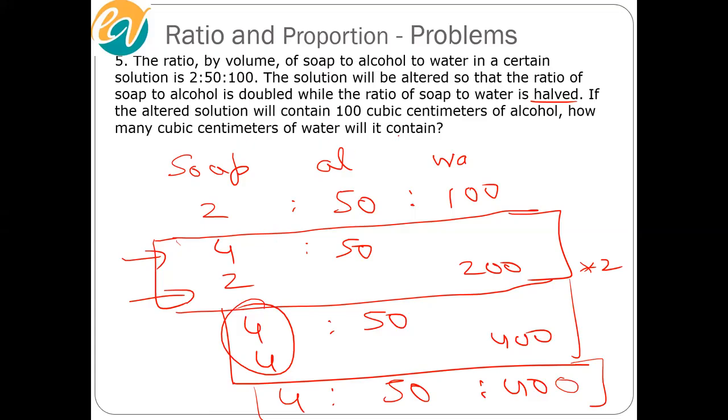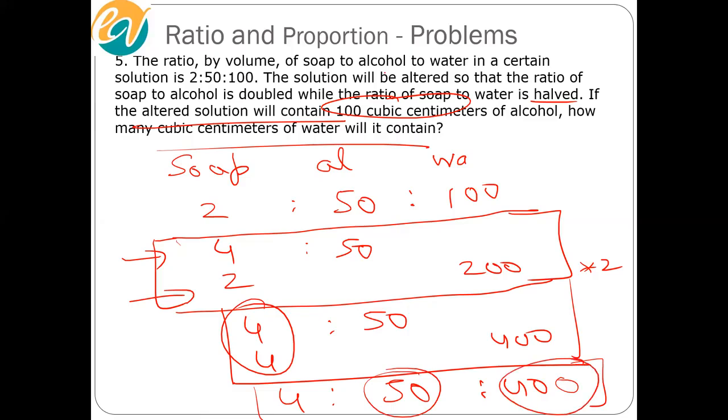Okay, now the question is just asking us if the altered solution contains 100 cubic centimeters of alcohol, how many cubic centimeters of water will it contain? Can someone tell me how many? Notice, if it is 50 alcohol, how much is the water? 400.